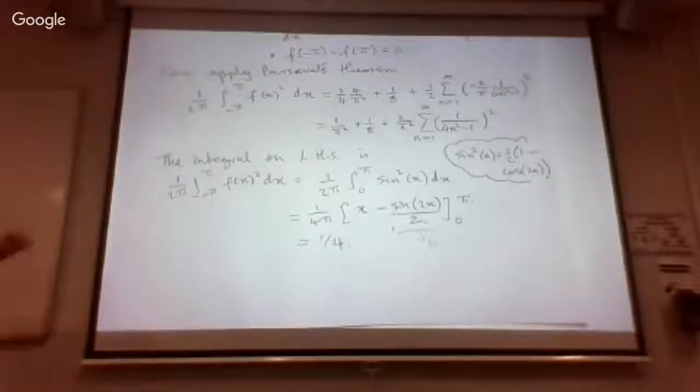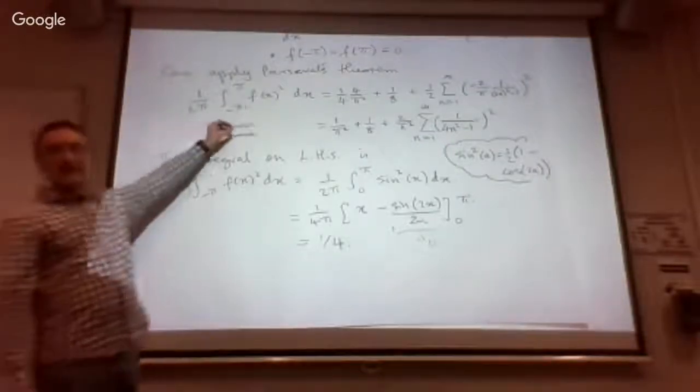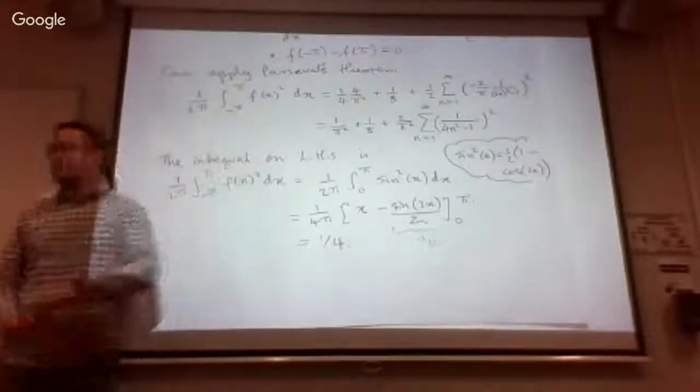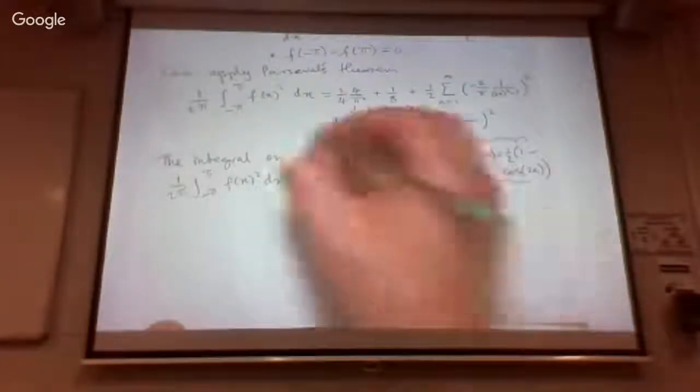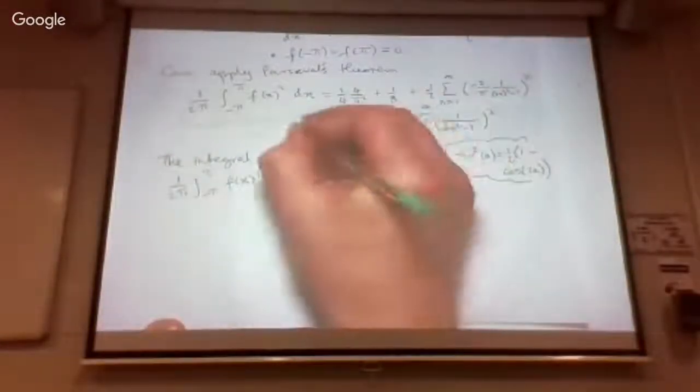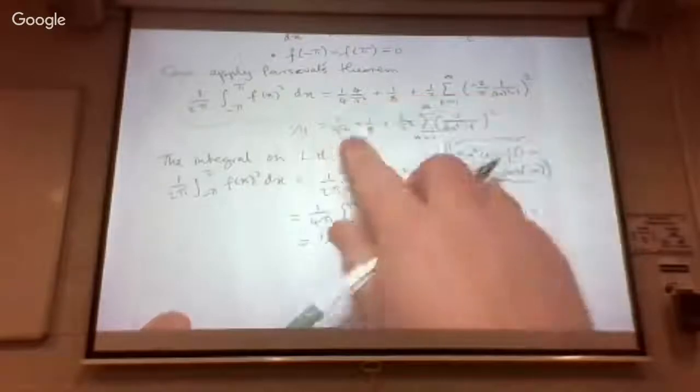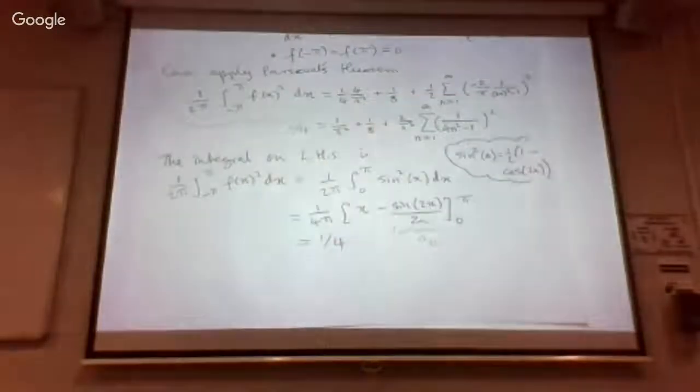So finally, then I've got a quarter on the left-hand side of this equation, so I can just maneuver everything across to basically solve this.